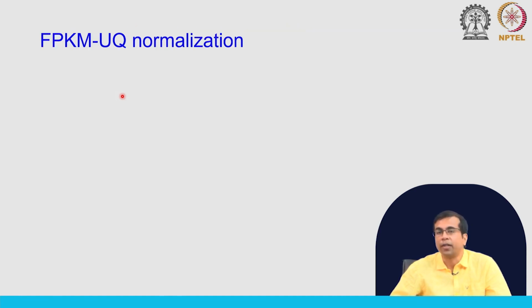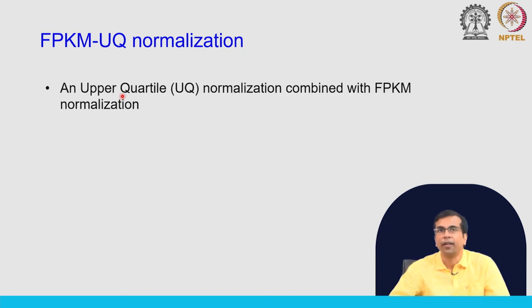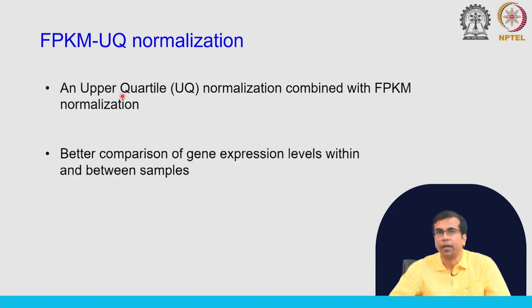Now, there is a hybrid method that combines FPKM with upper quartile normalization. In FPKM, at the end, the total count was different for each sample, and you can address that if you combine it with EQ normalization. So, here the upper quartile normalization is combined with FPKM normalization, and this helps in a better comparison of gene expression levels within and between samples, because we are doing a within sample normalization, which is the FPKM, followed by a between sample normalization, which is the EQ normalization.